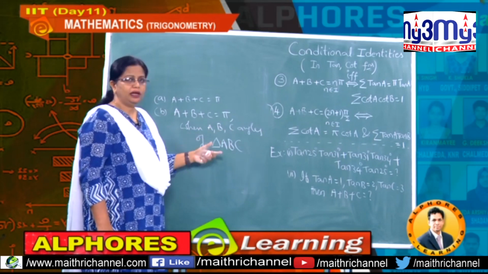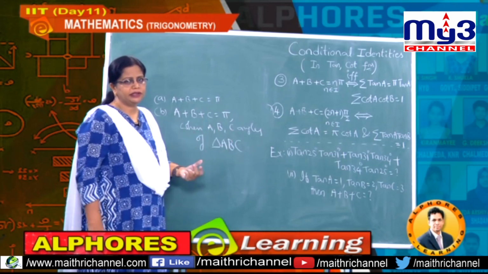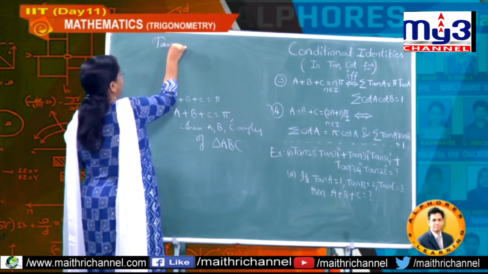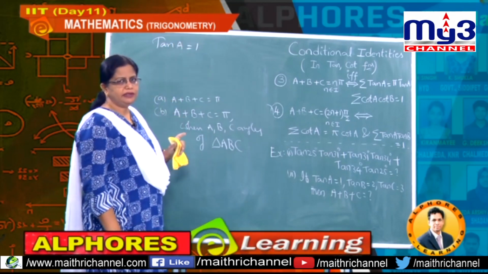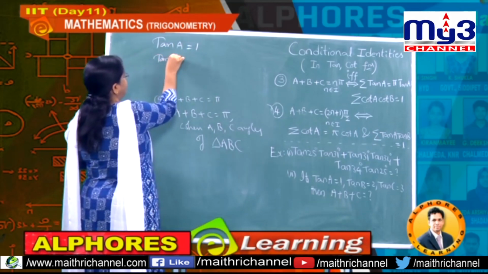In a triangle, all of you know very well, there cannot exist two obtuse angles, understand. So if I take tan A equal to 1, what is this value? A you can choose 45 degrees, one of the options, and tan B is 2, what about this value?